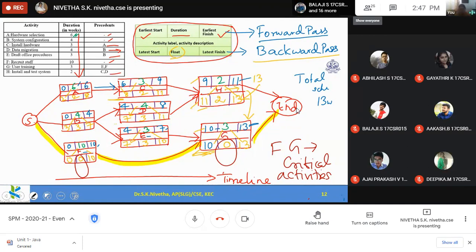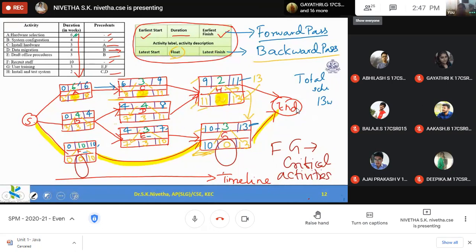Okay. And moreover, for H, I have a float value of 2. For C also I have a float value of 2. For A also I have a float value of 2. Does it mean that A can be delayed for 2 weeks, C also can be delayed for another 2 weeks, and H also delayed, totally 6 weeks? Can I delay for this?